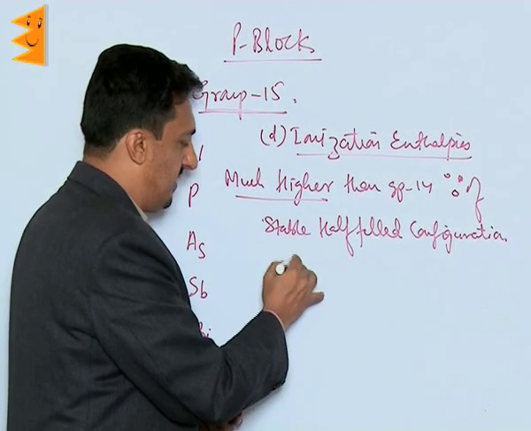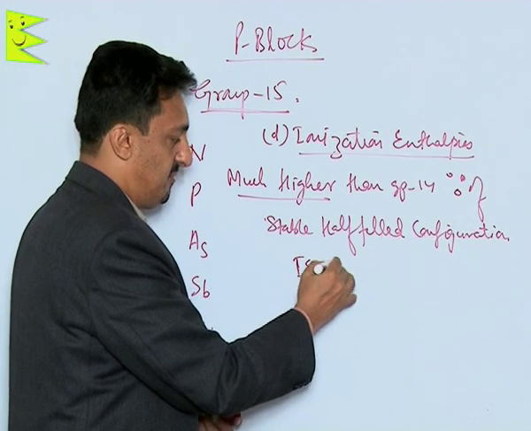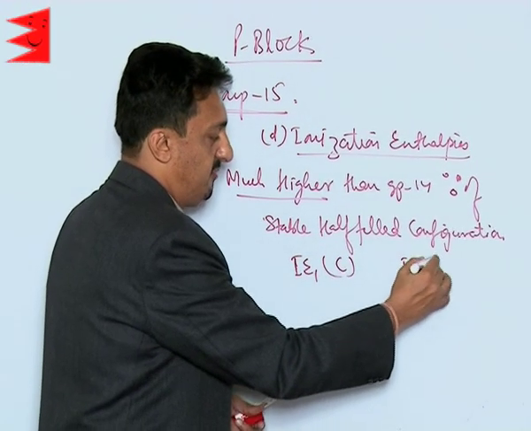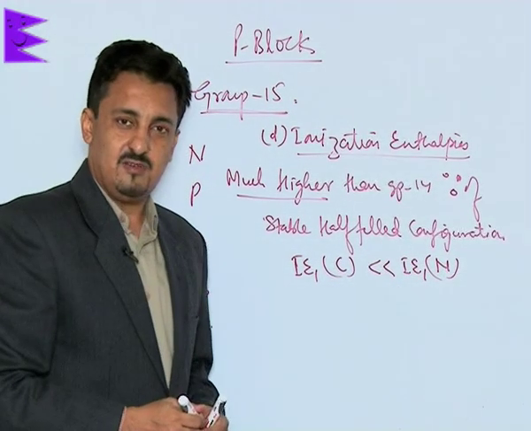And that is why when we compare the first ionization enthalpy of carbon with the first ionization enthalpy of nitrogen, we find it's very high in the case of nitrogen.